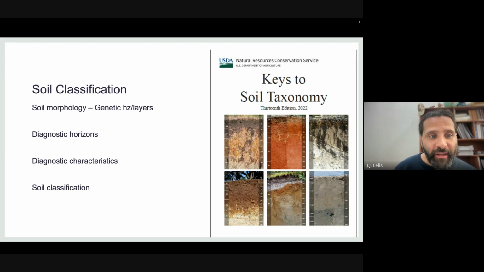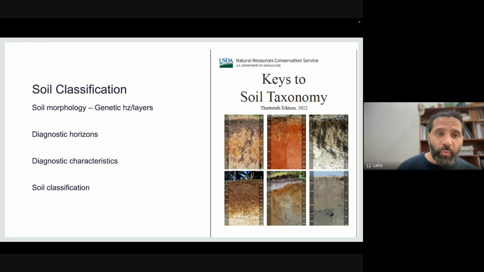So we call them diagnostic characteristics. So after the description of the morphology, after the identification of the genetic horizons and the layers, we will identify the diagnostic horizons. We must identify the diagnostic characteristics, and then we can classify the soil. Okay, so only after the identification of the diagnostic horizons and characteristics can we classify the soil.